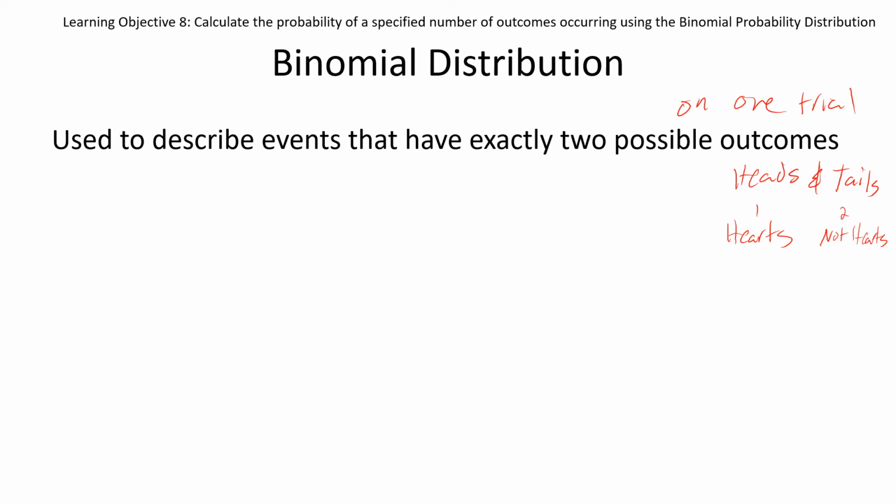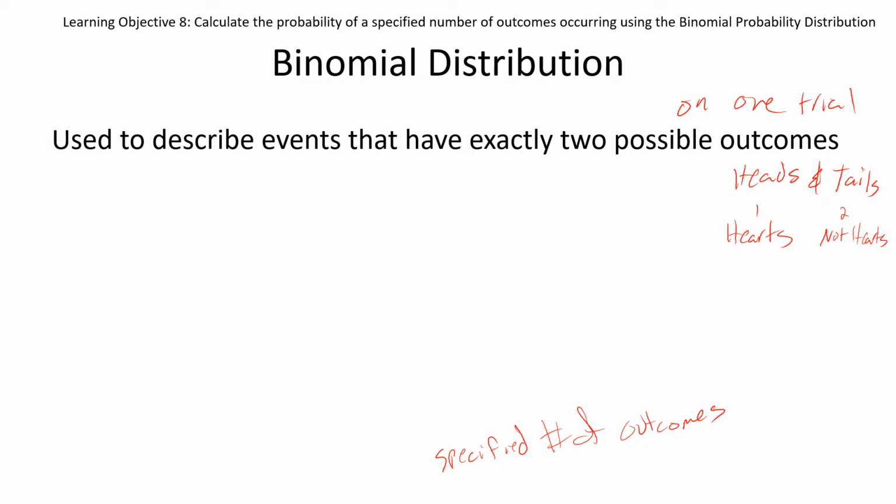And it's the whole point of the binomial distribution, though, is it's when you're looking for a specified number of outcomes. So let's say we're drawing 3 times and we want 2 successes.